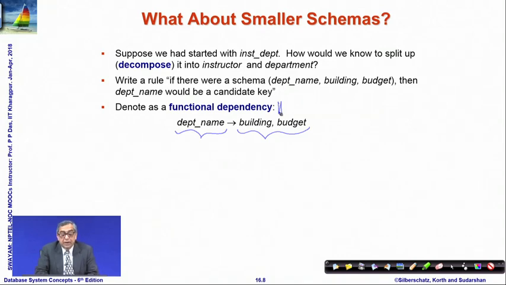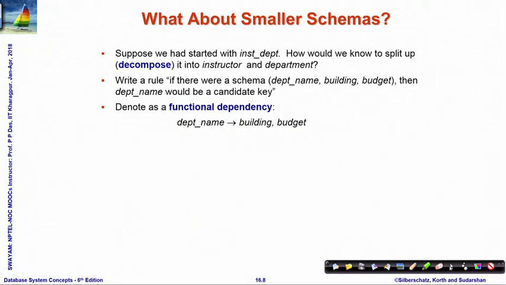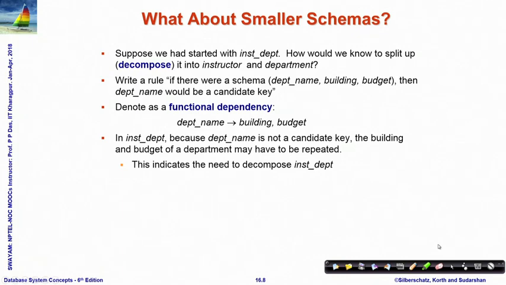We say that the building and budget are functionally dependent on the department name, and that is a situation where we can split this inst dept and create a smaller relation, because department name is not a candidate key in the inst dept relation.